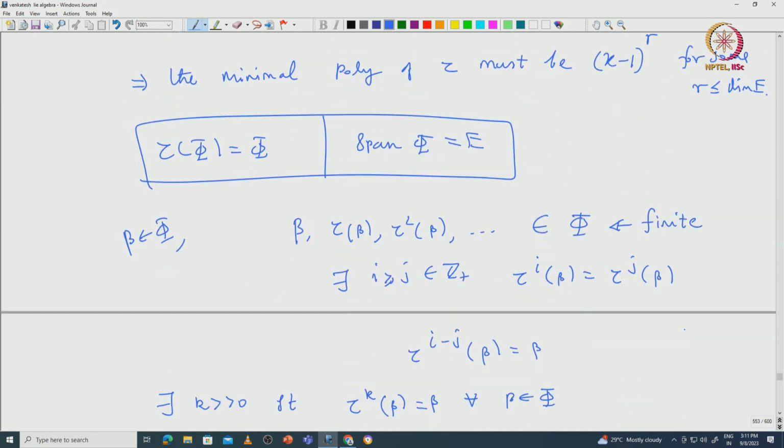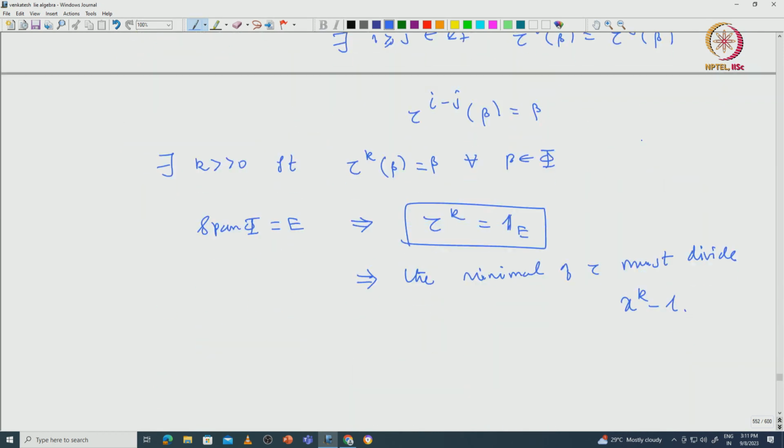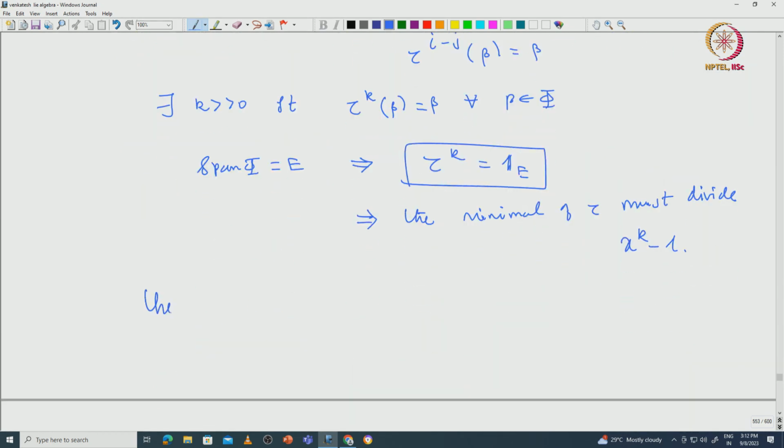But we have already observed that the minimal polynomial of tau already divides x minus 1 power dimension E. So, that means the minimal polynomial of tau must divide both x minus 1 power dimension E and x power k minus 1.